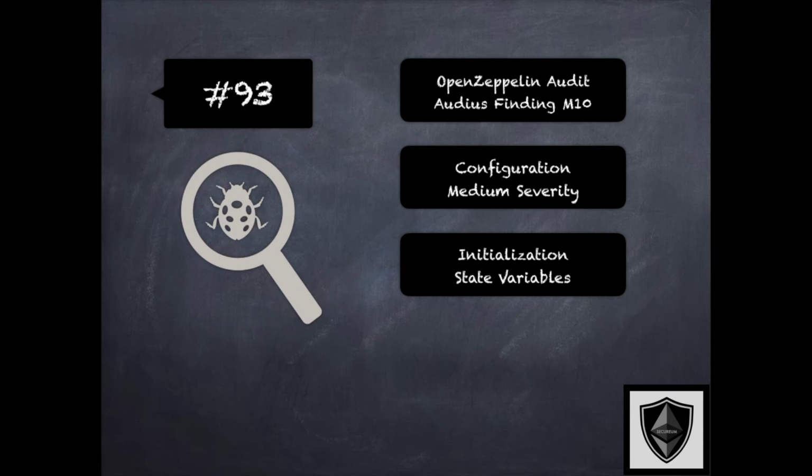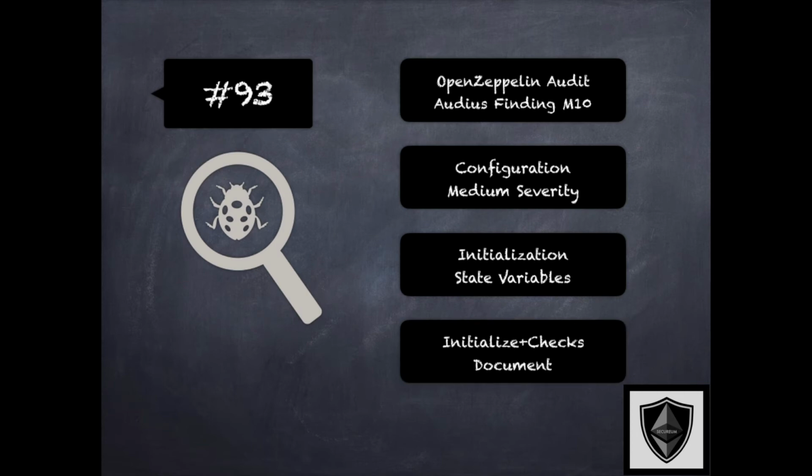In some of the contracts, the initializer was not initializing all the state variables. The recommendation, therefore, was to consider setting all the required variables in the initializer, and if there were a reason for leaving them uninitialized, consider documenting that and adding checks on the functions that use those variables to ensure that they were not called before initialization.